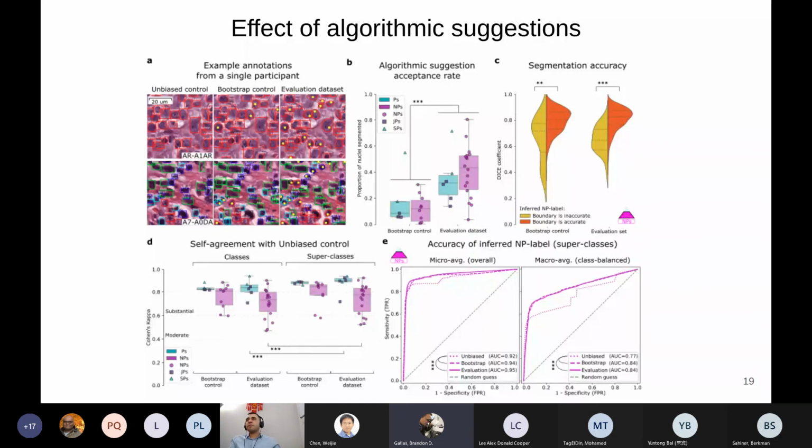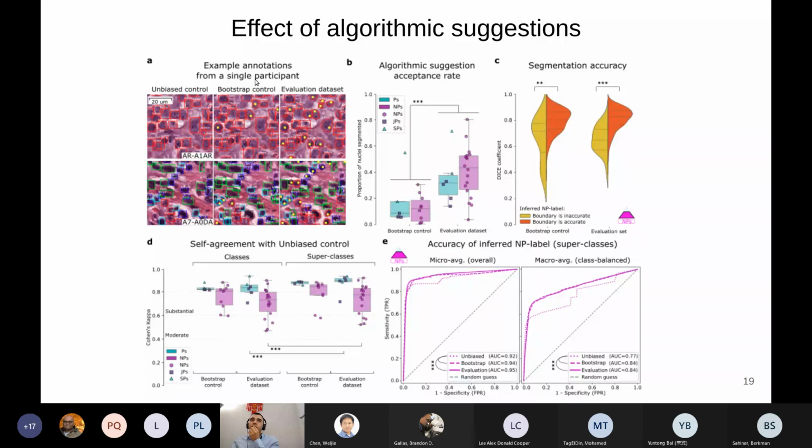Absolutely. So maybe this is the last thing I'll discuss, and then we can go back to the truthing simulation. Here is just showing one way in which we can have controls. As I discussed, we have an unbiased control, where we don't show any suggestions. We show weak suggestions, and then we show our actual, strong suggestions. And we see how many nuclei people think are accurate.